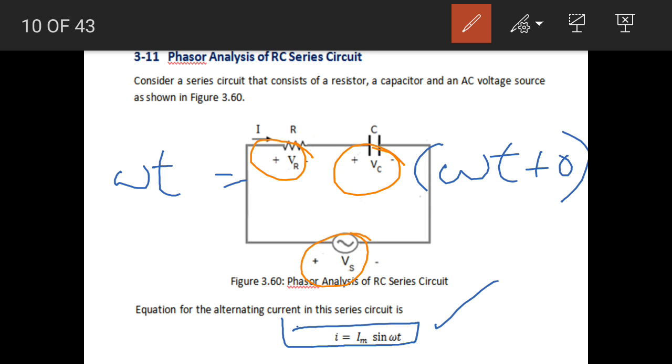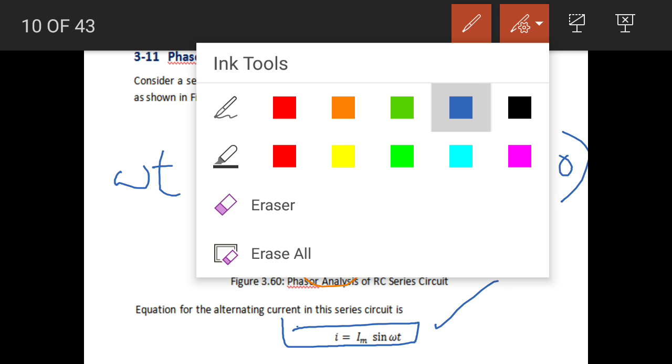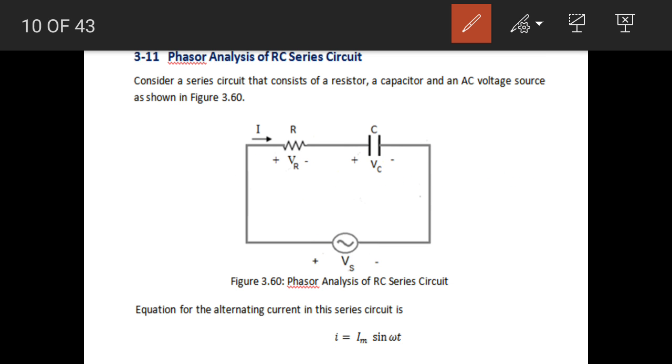So the current in this series combination is a reference quantity. The phase angles of all the other electrical quantities in this series combination will be considered with respect to current. So anyhow, the phase angle of this AC current is 0. Let us calculate the RMS value of this AC current.